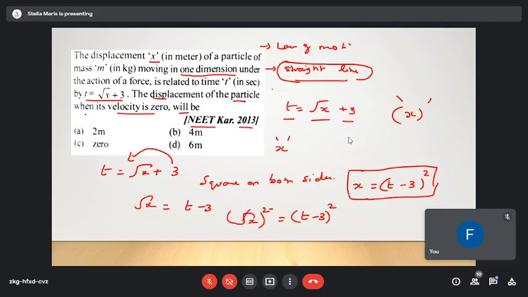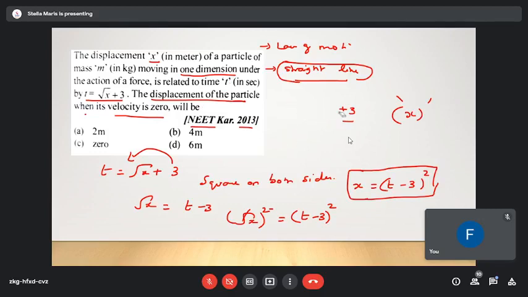Now they are asking what will be the displacement of the particle when the velocity is zero. So how to find this? We have to find out what the velocity is first.